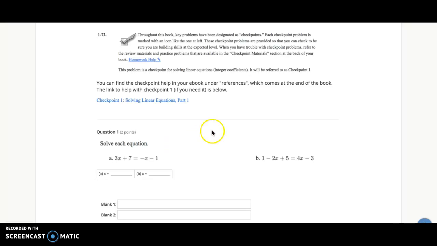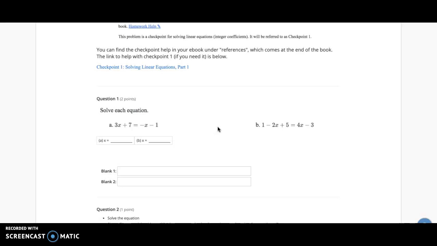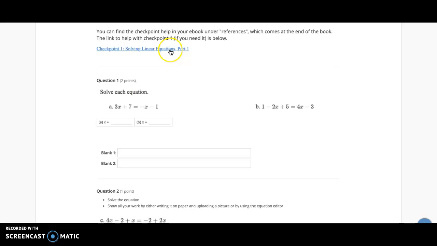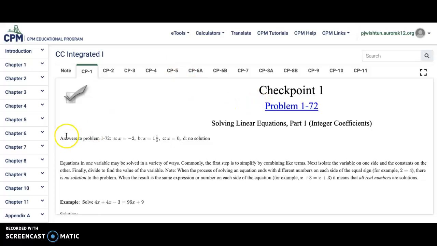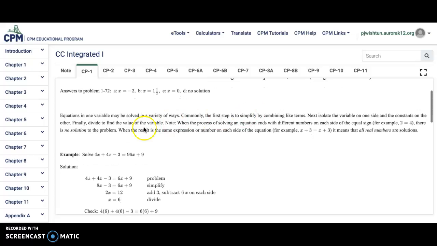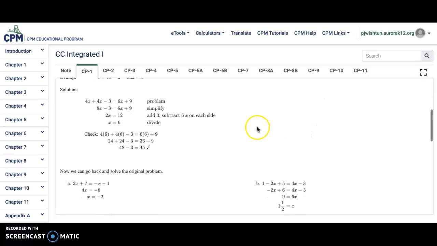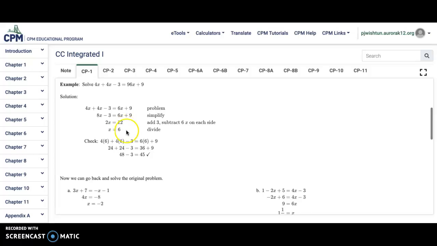So essentially what's going to happen today is you're going to have 2 parts of this checkpoint. First and foremost, you have a link right here. This link will take you to the actual checkpoint in your ebooks. You can also find it through the reference guide at the bottom, but it basically goes through how to solve an equation. It shows you a step-by-step process of how to solve it, remembering combining like terms to get the 8x, then get both the x's on the same side and the numbers on the other side.